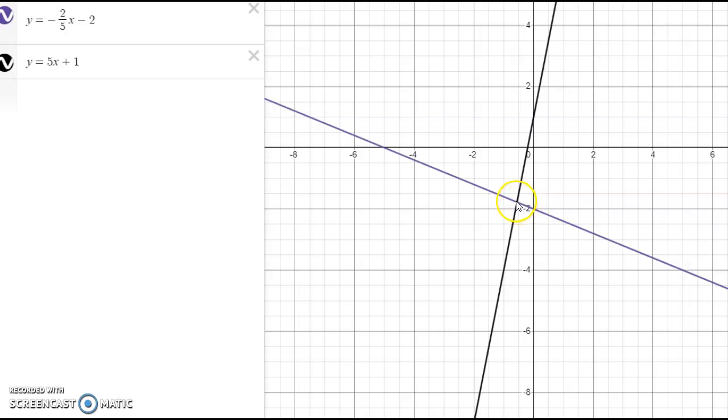Okay, and Desmos will give us a decimal. Notice it's not a nice whole number. It's a decimal approximation. -0.556 and -1.778.